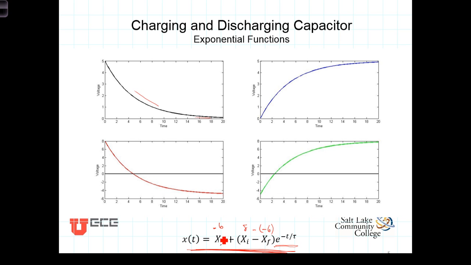So that would then be -6 plus 8 minus a minus becomes plus. This would be -6 plus 14 times the exponential term.